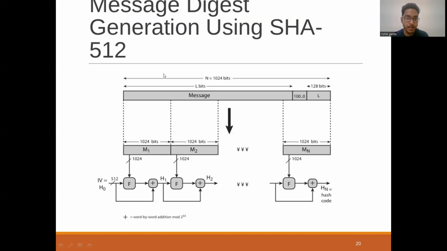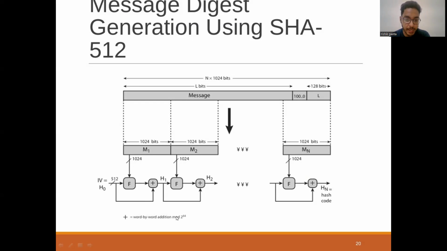Here you see the message digest generation using SHA-512. The initial message of L bits is divided into blocks of 1024 bits each, and an initial IV vector is passed to the compression function.